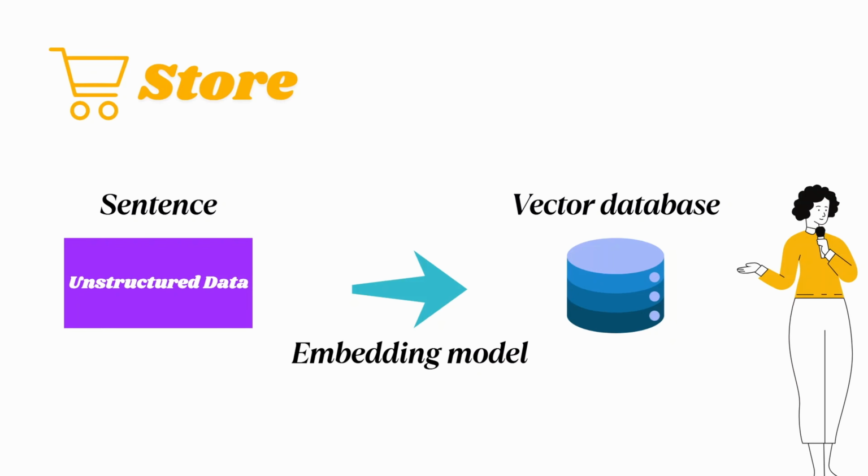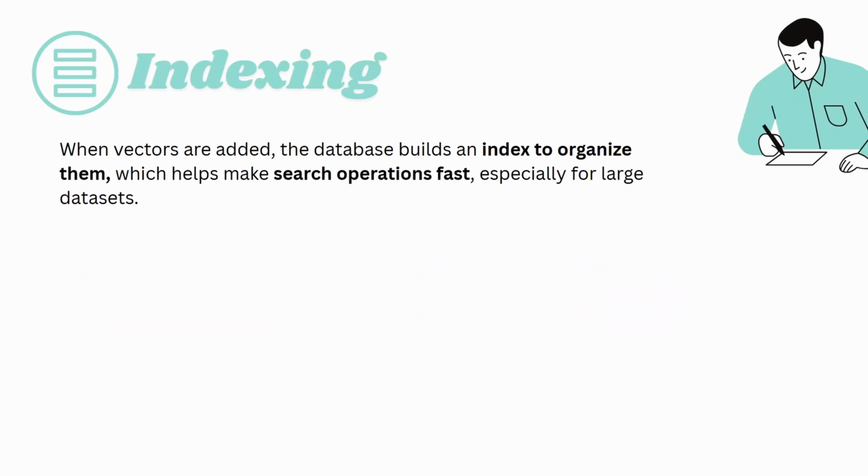This brings us to the second core part of a vector database: indexing. When vectors are added to the database, it automatically builds an index to organize them, just like how a library catalog helps you find a book faster. This indexing is critical, especially when you are dealing with millions of vectors. It's what makes similarity search fast and scalable.